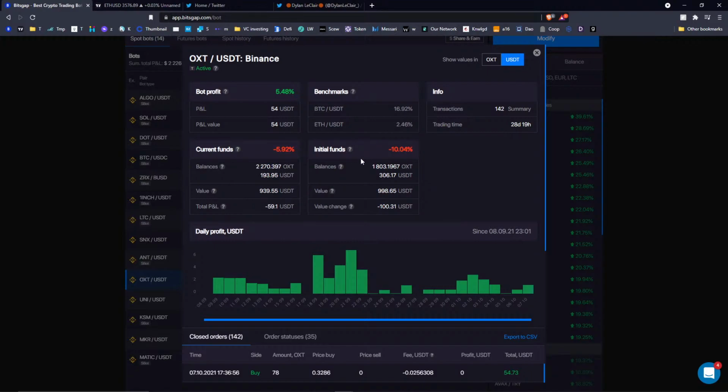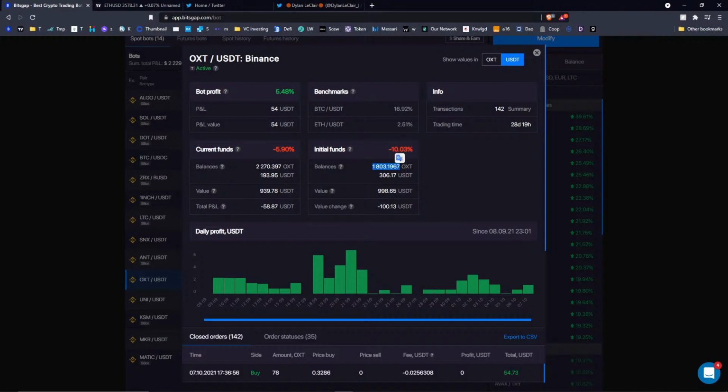Okay, so that's how you create value from bots, because they literally minimize the risk in case of a falling market, and that's exactly what you see. And you can always compare different scenarios. So in that case, initial funds, it would be -10%, and what you see here is basically the simple hodl performance.